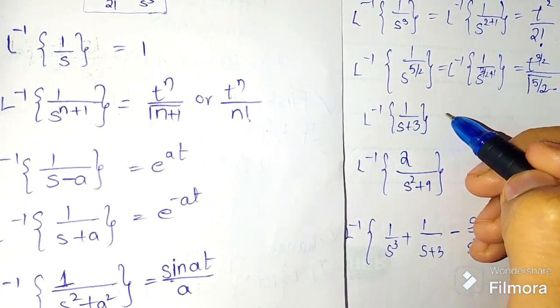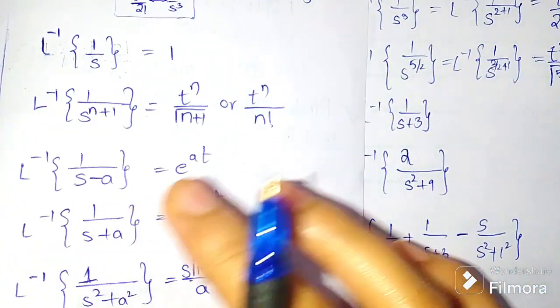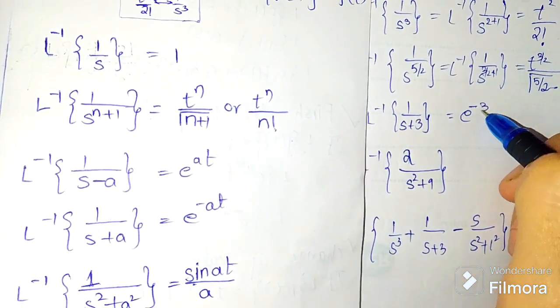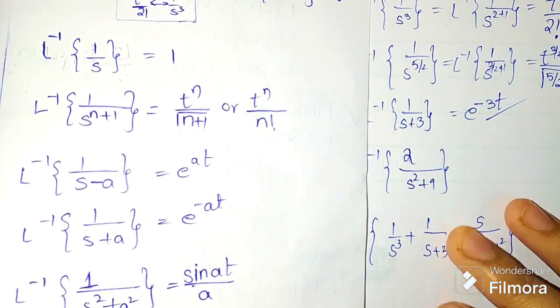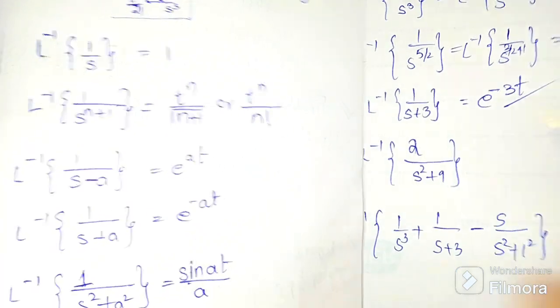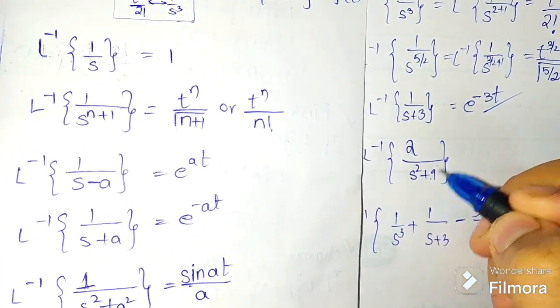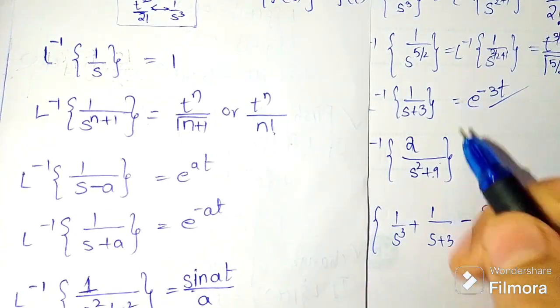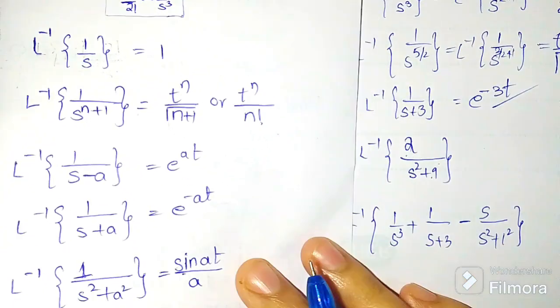What is this? This one, s plus 3. So this will be e power minus 3t. Okay. Look at this, s square plus 3 square. That means it is definitely the sine formula, right? Sin at formula. But what is there? 2 is there.